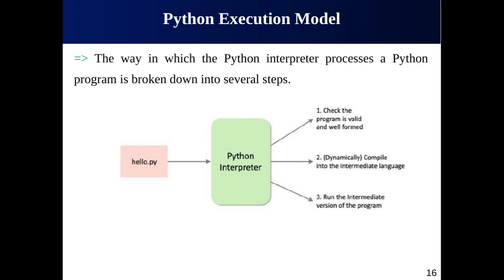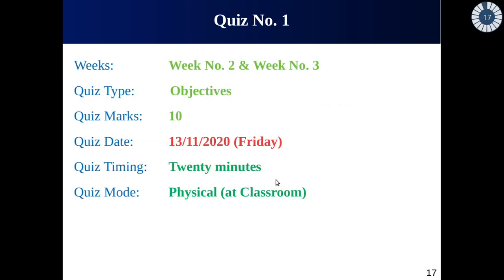If no changes have been made to the source file since the .pyc was created, then the interpreter can skip step 1 and step 2 and will immediately run the .pyc version of the program. But if you make some changes to the original Python source file, then all the steps will be executed once again. So this was about the Python execution model.